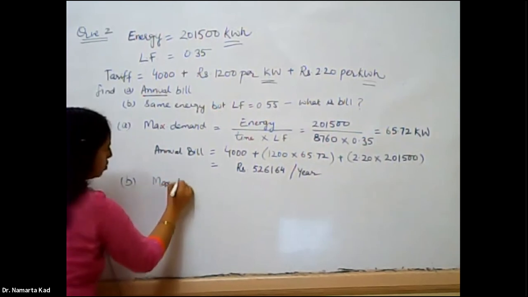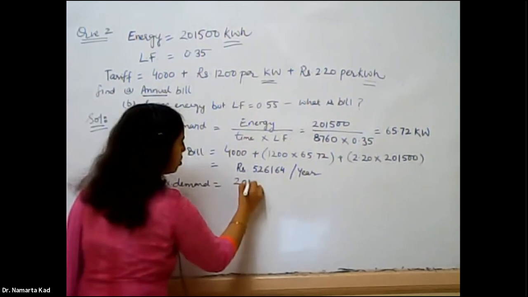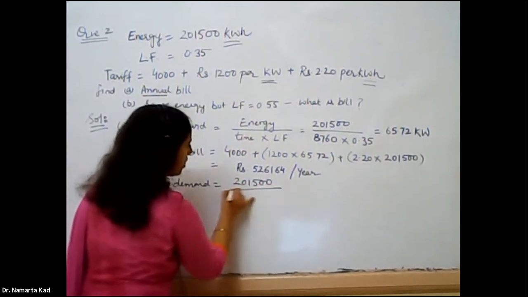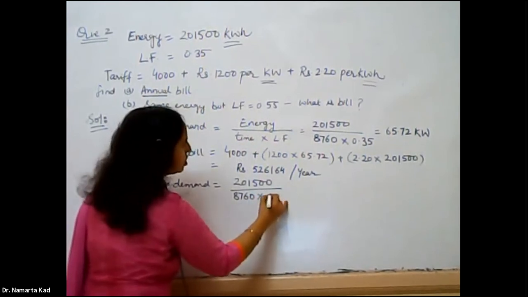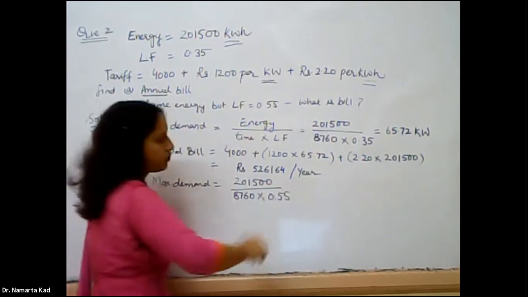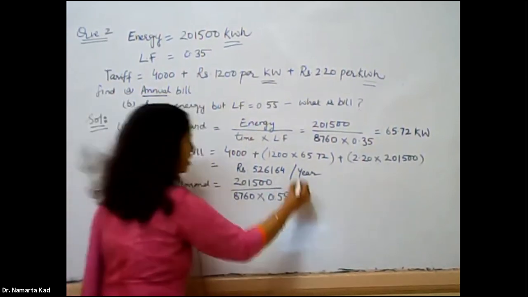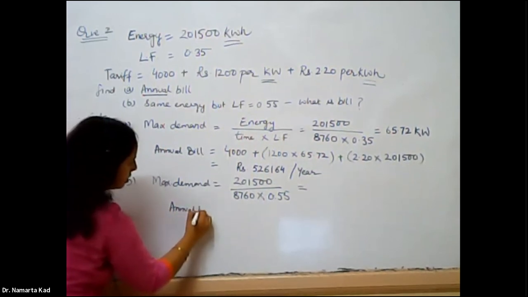So now the maximum demand is equal to 201,500 divided by 8760 multiplied by 0.55, and for the bill accordingly recalculate again.